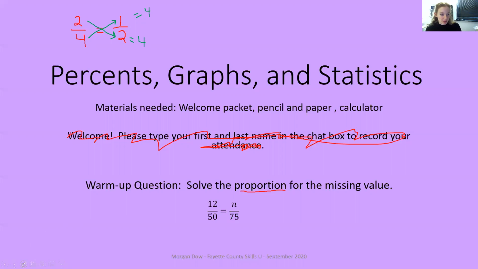If we return to this proportion down at the bottom here, the first thing we're going to do is cross multiply, returning to that characteristic that the cross products have to be equal. We cross multiply with the two numbers that we know, so we do 12 times 75.